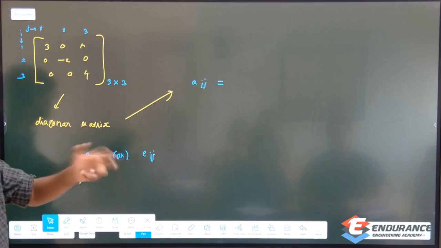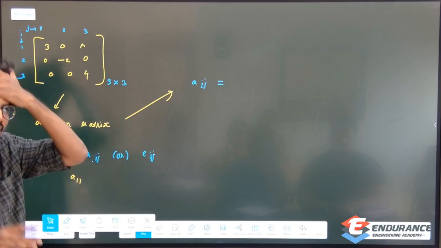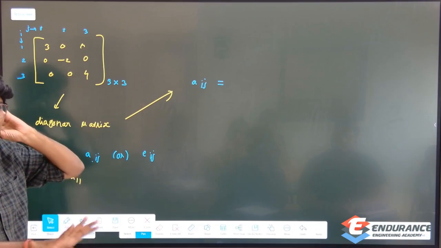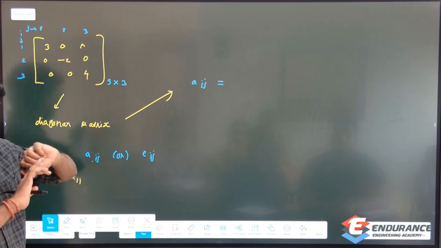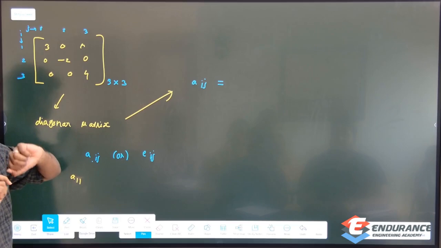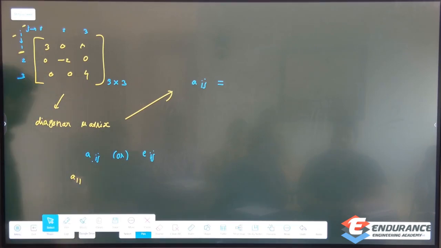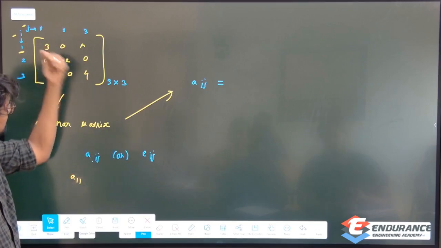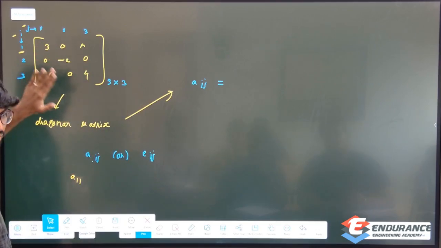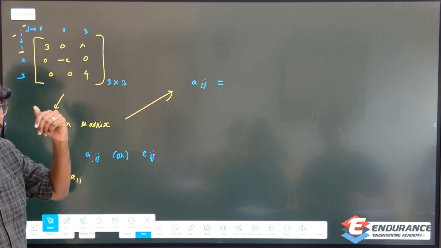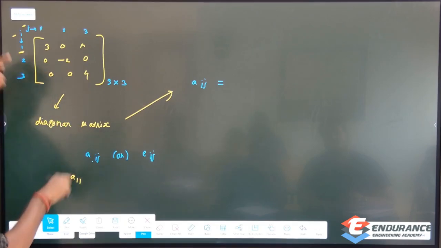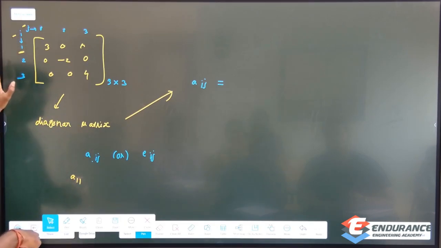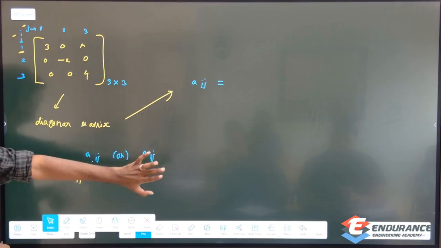My diagonal element can become 0, but the condition is if i and j are not equal, then my Aij will surely be 0.